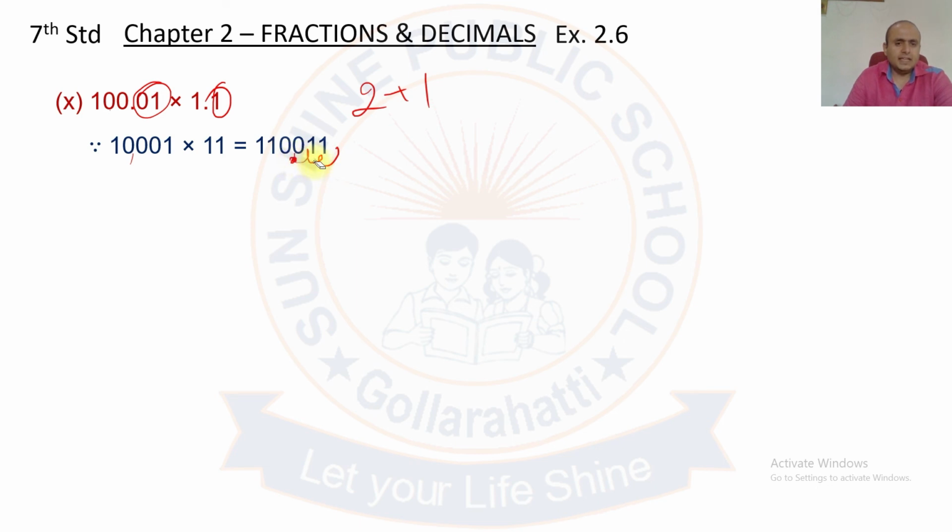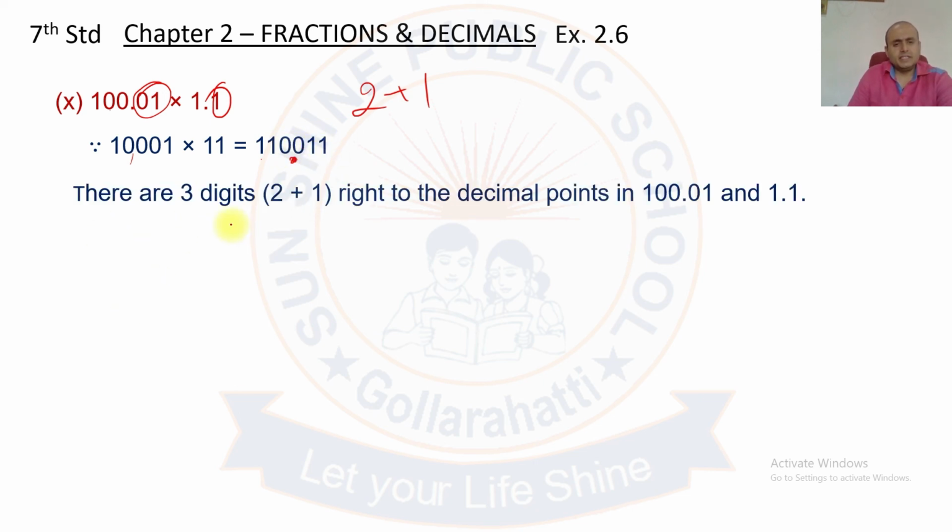So finally the answer we get is 110.011. There are 3 digits, that is 2 plus 1, to the right of the decimal points in 100.01 and 1.1. So 100.01 into 1.1 gives the answer 110.011. This is your answer.